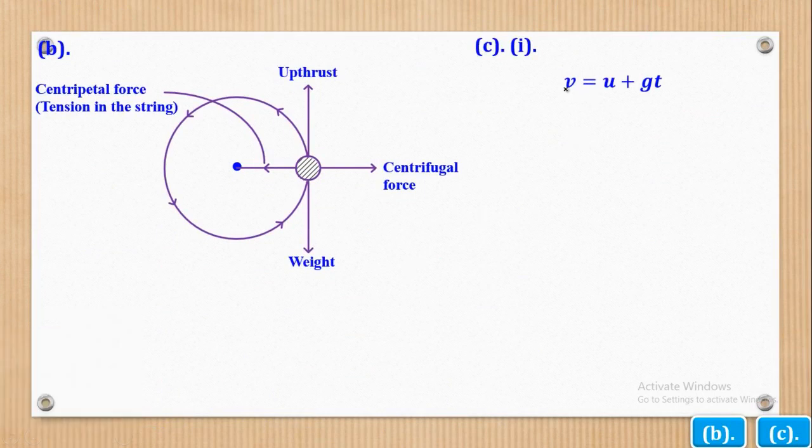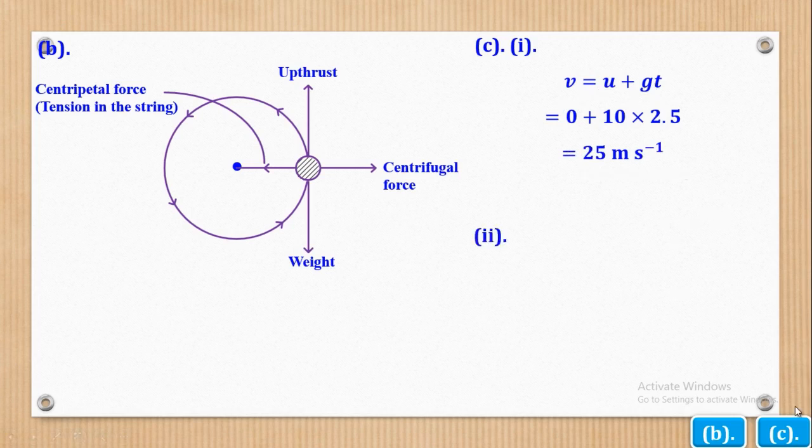So we know that from the first equation, this is it moving downwards, that's why here it is positive. So the initial velocity was 0, acceleration due to gravity is that, and the time taken is that. Therefore, the final velocity will be 25 meters per second. So that was Roman 1.